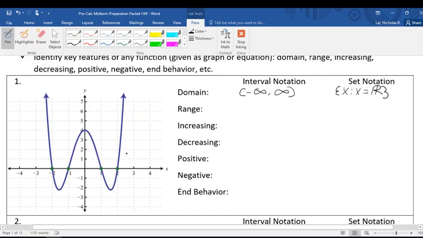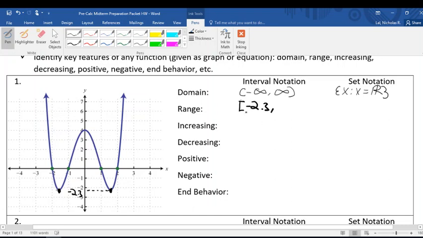Alright, the range. The range is from the lowest y value to the highest y value. So to find the range, I look at the lowest y value. It looks like the lowest y value goes a little bit below negative 2. This is my approximation, but under the assumption that this point and this point have a y coordinate of, let's say, negative 2.3, the range could be negative 2.3 inclusive on the low end.